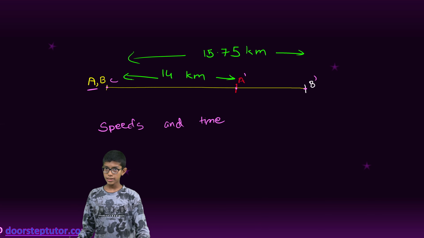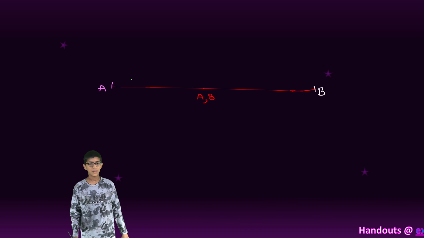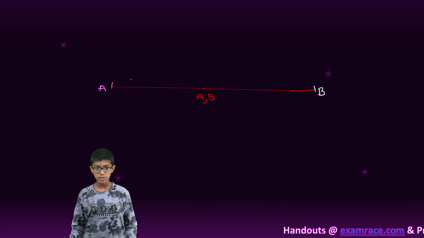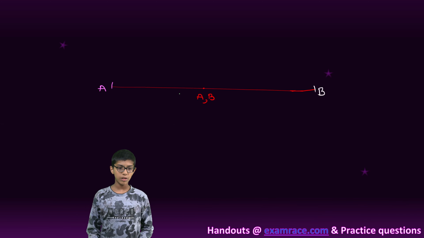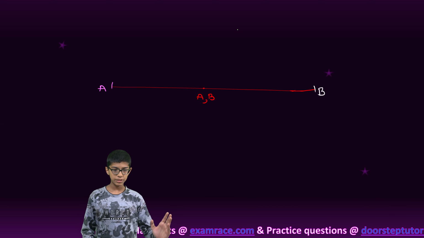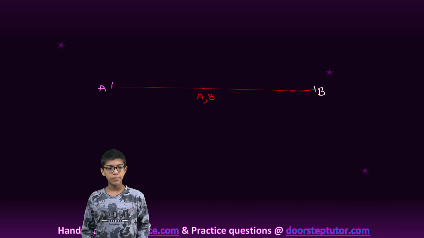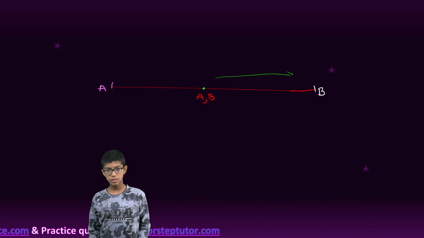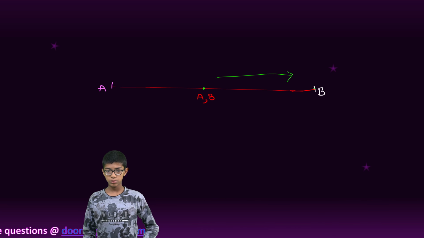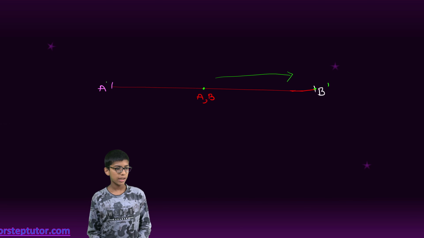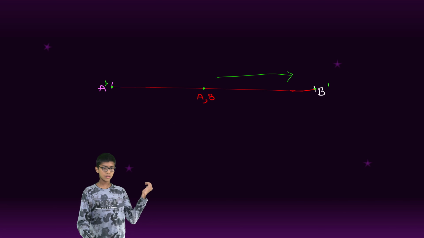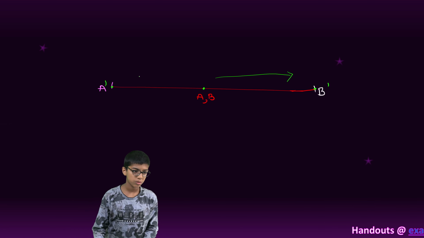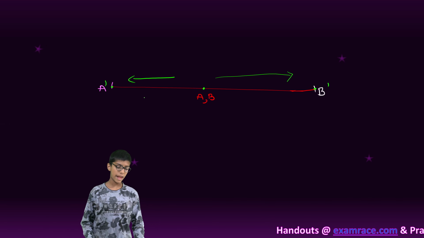Wasn't that easy? Wasn't that interesting? Yes. Now we have another question. The question is the same, but instead of starting from the right side, they start from the center. B goes in the right direction to reach point B dash, and A goes in the left direction to reach point A dash.